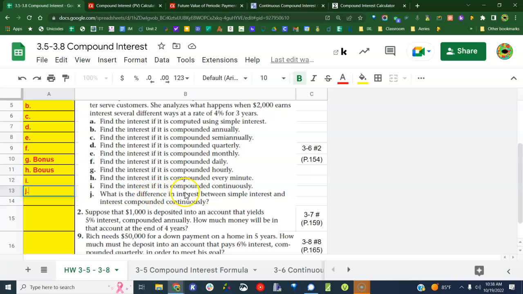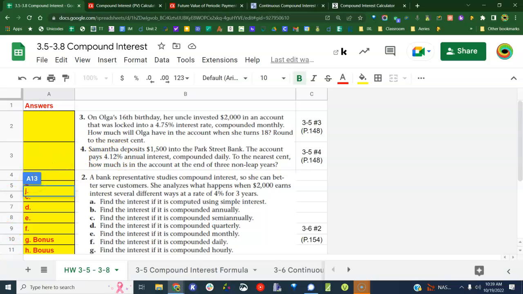So what's the difference between simple and compounding continuously? So compounding continuously is I, simple is A. So all you need to do is the answer for I minus the answer for A, and you'll know how much more you're charged for compounded continuously. Okay, so that will get you through that, and let me know if you have any questions.